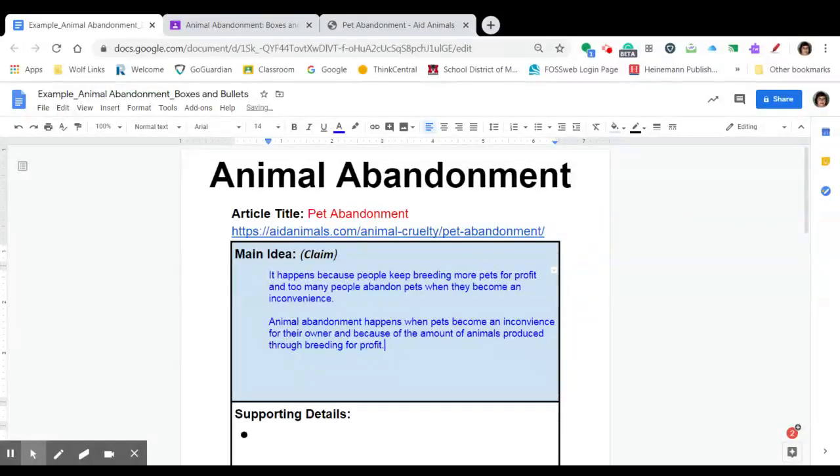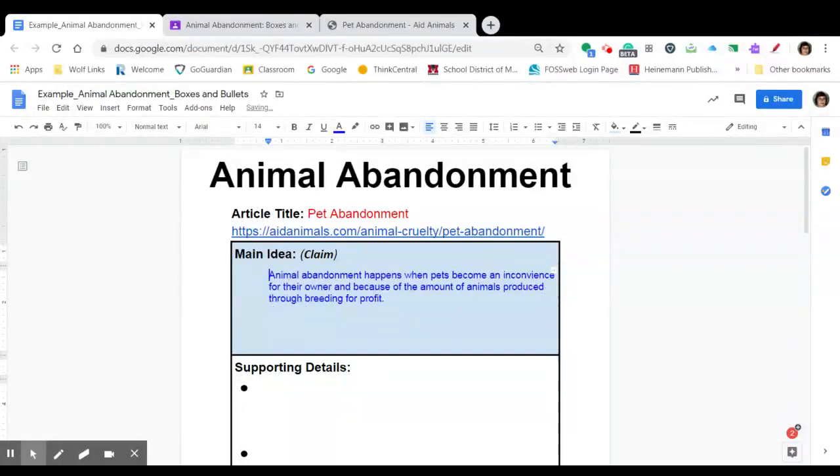So now I've changed these two parts of the sentence into one sentence in my own words. So now I can get rid of the other, and there is my main idea.